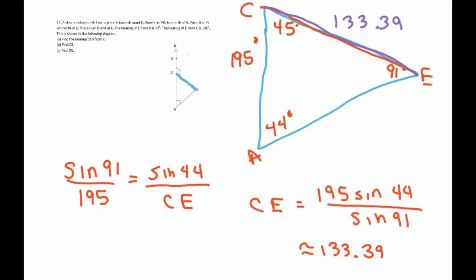133.39. Now they want you to find DE. So here we go. They want us to find DE. And if you do DE, I'm going to draw a little line here. So that's what they want. So I'm just going to draw this triangle separate so I can write it bigger, basically. When I draw this, we already know that this one right here is 135.